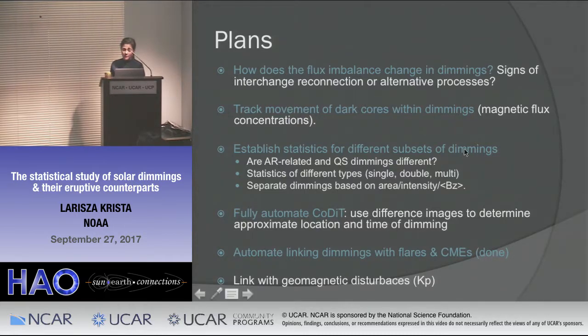I would also like to separate the different types of dimmings and look at the statistics, because right now the statistics of dimmings is including everything under one roof. But it might be interesting to look at how, let's say, only single dimmings relate to CMEs and flares, or double dimmings. Is there a better correlation?